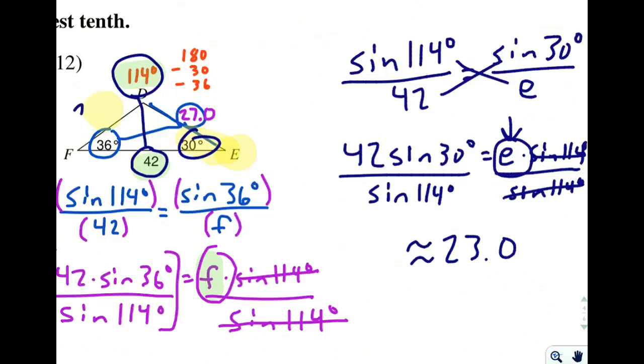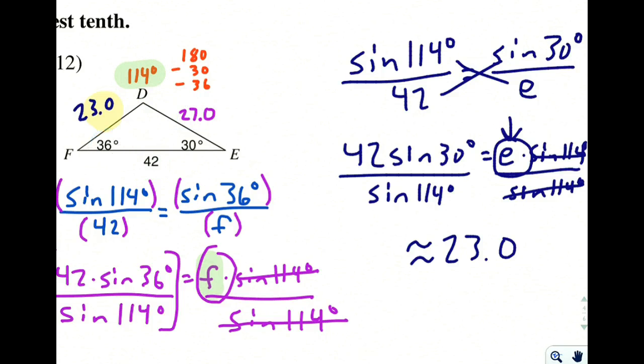So on our diagram, we can put that in, 23.0. Again, it's a side length, not in degrees, so we do not put a degree symbol there. If we want to clean up our picture a little bit here, we can do that. But our final answer is going to be all the things that we marked on here, the 114 degrees, the 27.0, and the 23.0.